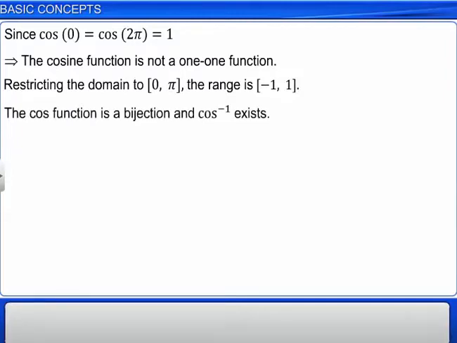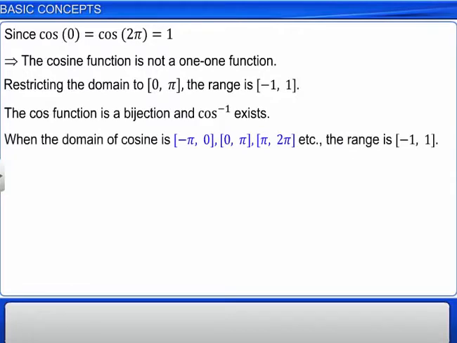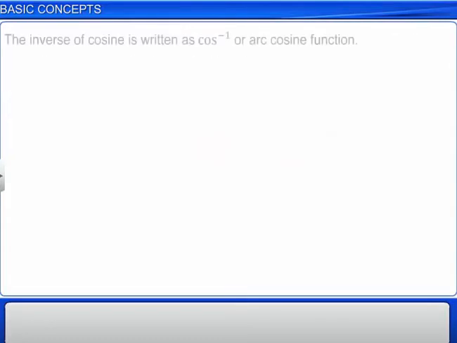Further, if the domain of the cosine function is restricted to the intervals shown here, then also the range is closed interval -1, 1. Now we can define the inverse of the cosine function in the given intervals.